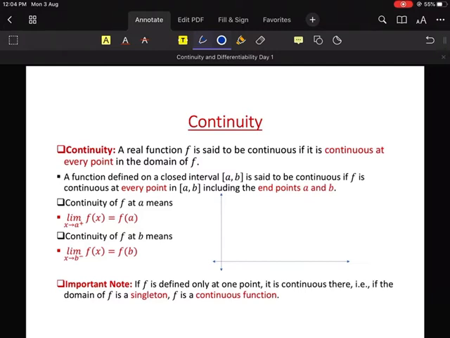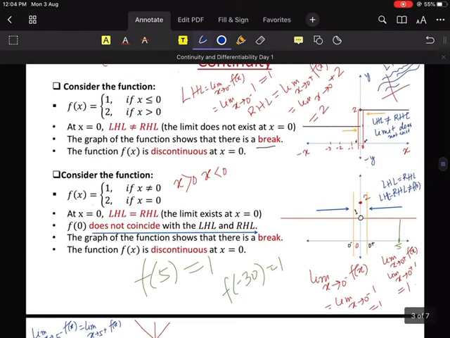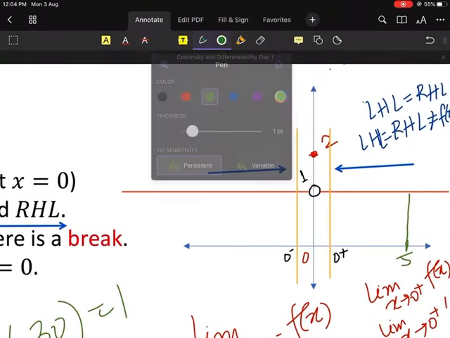Now continuity. What do you mean by continuity? Now there is another definition. A real function f is said to be continuous if it is continuous at every point in the domain of f. Now it is continuous at every point means what?